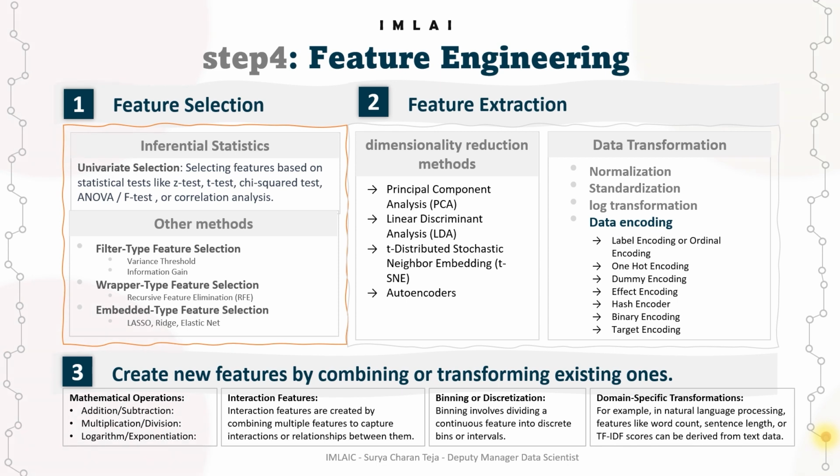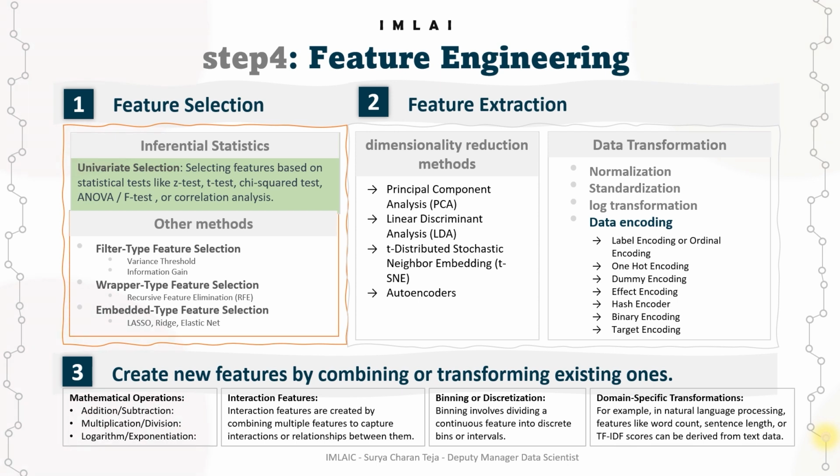The feature selection can be done using univariate selection, using statistical tests such as z-test, t-test, chi-square test, or ANOVA or f-test. And after that, we have looked into feature selection using feature selection algorithms.